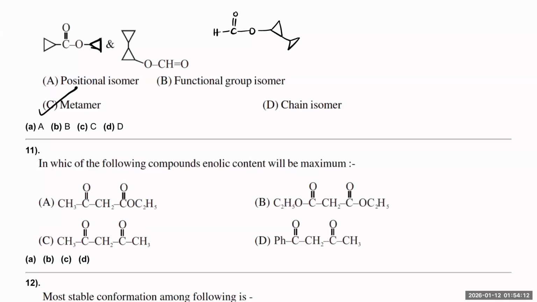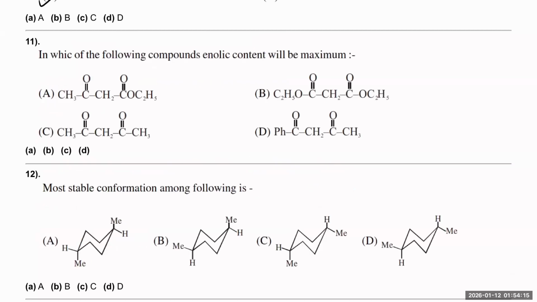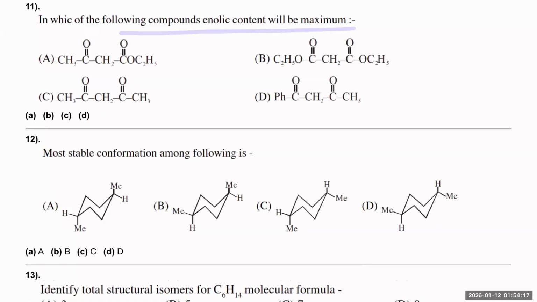Okay. Next. In which of the following compounds enolic content will be maximum? Earlier I told you if you have an ester form, the enol content decreases. Here both sides we have ester, right? Here we have ketone. Here we have ketonic form, correct?